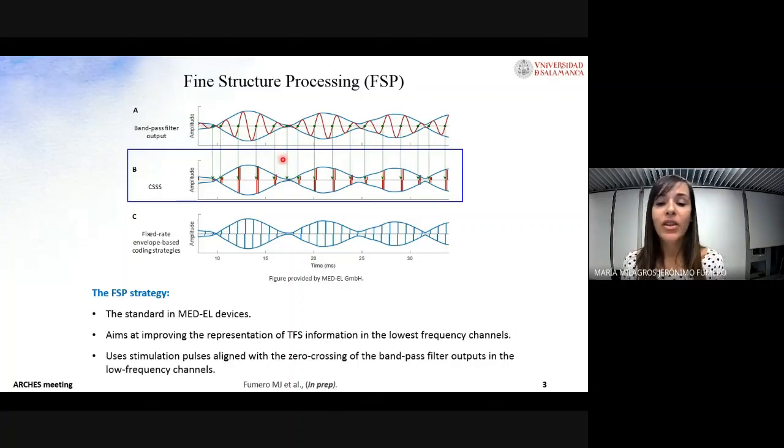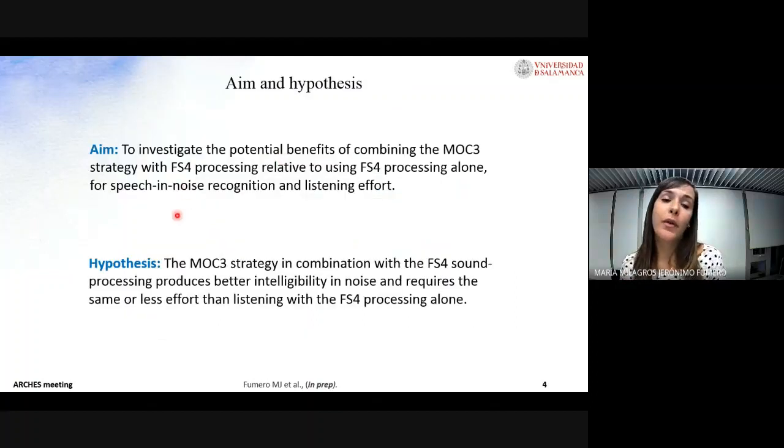For this reason, here we test the Mode 3 strategy in combination with the FS4 processing for speech in noise recognition and listening effort. And the hypothesis was that the Mode 3 strategy in combination with the FS4 processing produced better intelligibility in noise and required the same or less effort than listening with the FS4 processing alone.